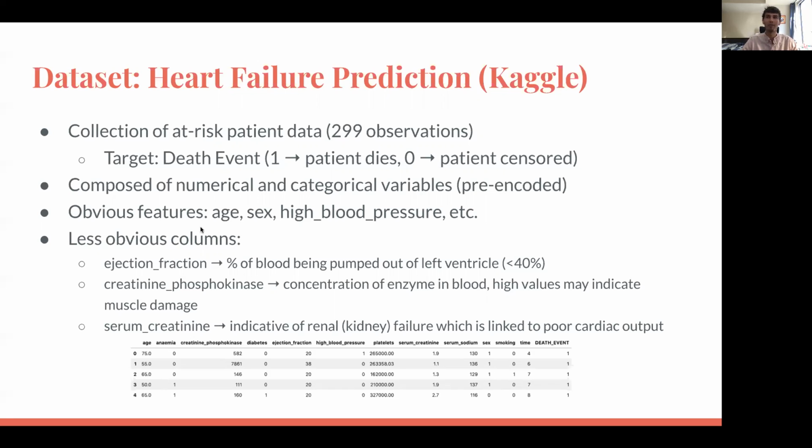So if we see super high values, that may be indicating that the heart isn't functioning properly, given that the heart is the strongest muscle in the body. Finally, we have serum creatinine, which is another enzyme that's actually indicative of kidney failure. And this is linked to poor cardiac output in that if your heart fails, then all your other organs are going to fail too.